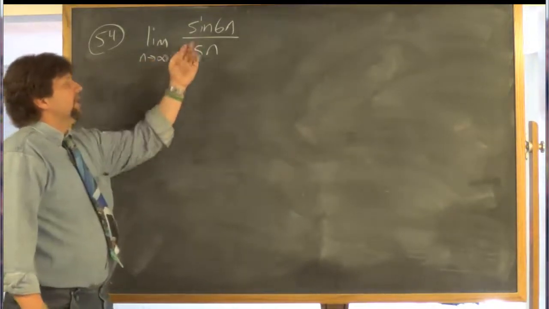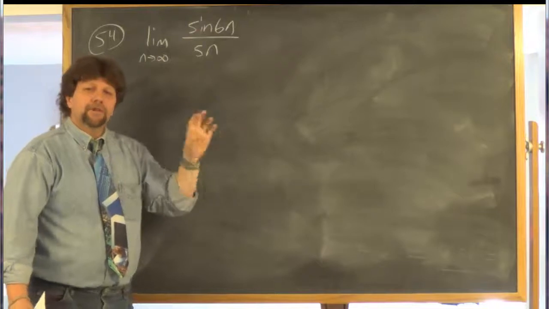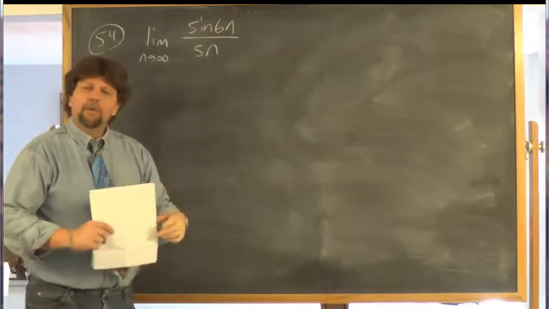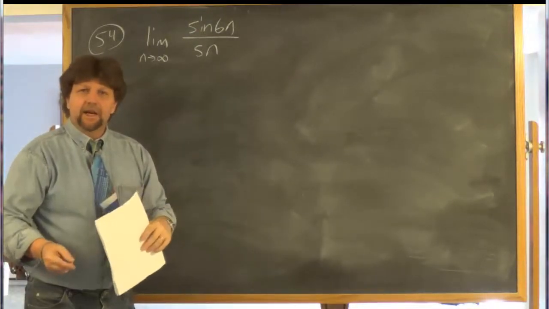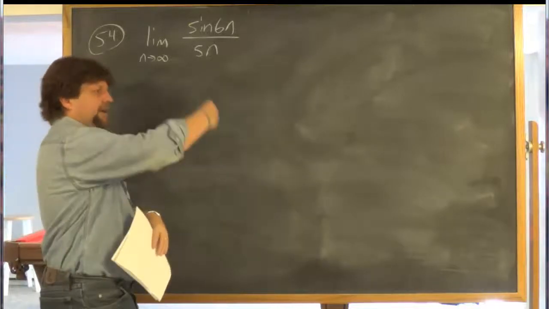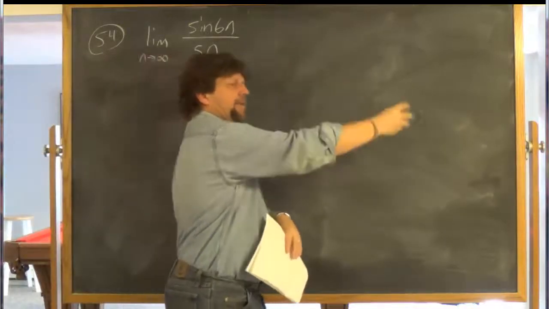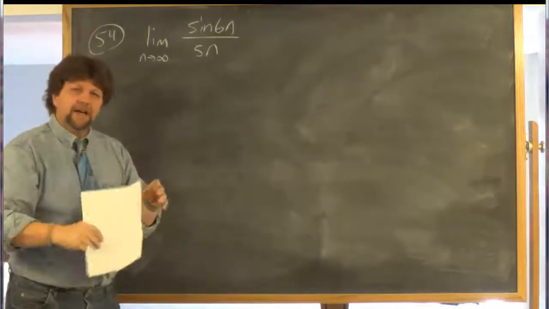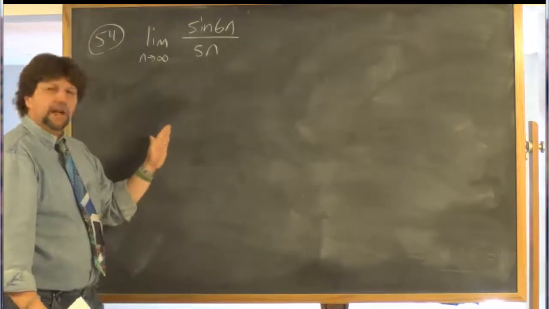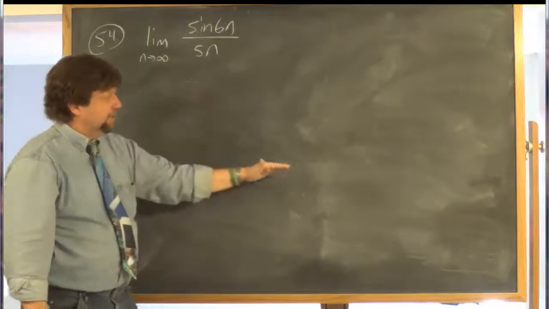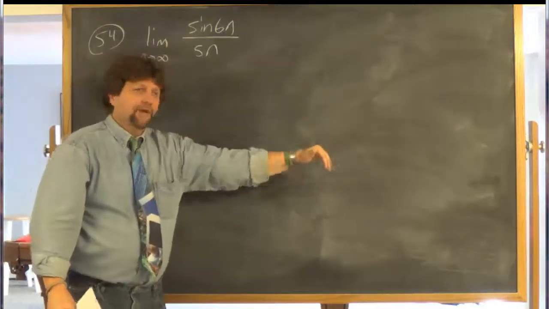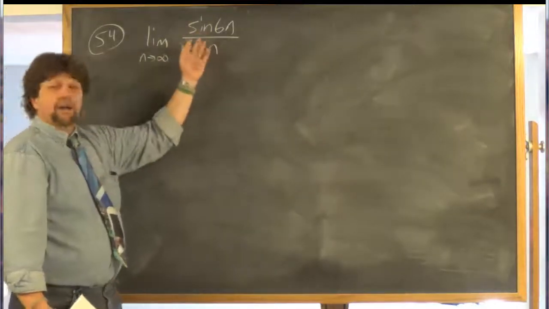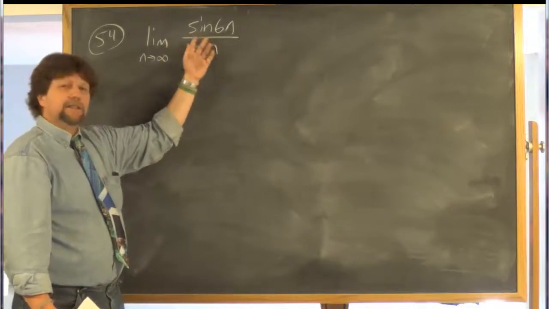As n goes to infinity, when I see the trig function, sine or cosine, well, we know the behavior of sine and cosine. We know that it's got this wave type pattern. So I'm thinking, as I go to infinity, my sine or cosine is a wave that oscillates between 1 and negative 1. So when I look at this, I see sine.